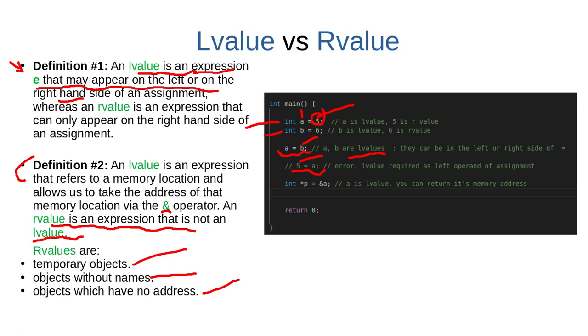It can't be a temporary object, so this assignment operation is rejected. We know a is a variable, which is an lvalue, and we can retrieve its address, so that we can create the pointer p, which takes the address of variable a.